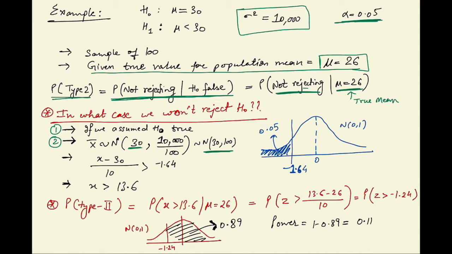Now, this is the step where we assume that H0 is true, and we have to find the values for which we would reject the null hypothesis and the values for which we won't reject the null hypothesis.